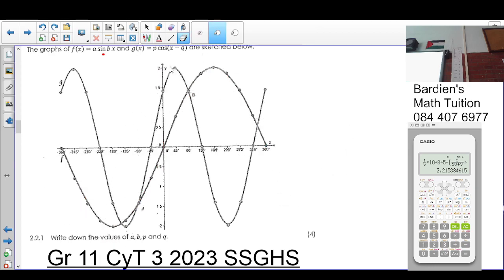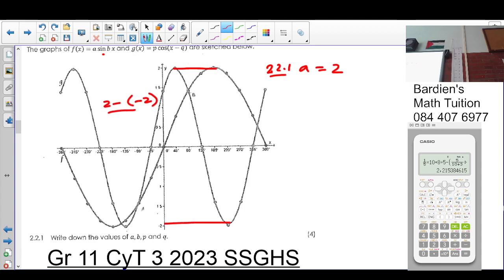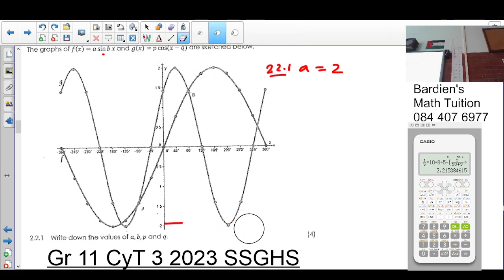That's one way of looking at it. Otherwise, we take the top value minus the bottom value, which is 2 minus minus 2, divided by 2, gives us 4 over 2, which is 2. That's all we calculate here. Let's look at b. b affects the period of the graph.